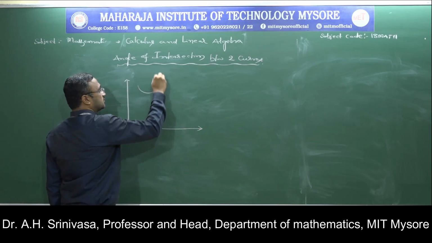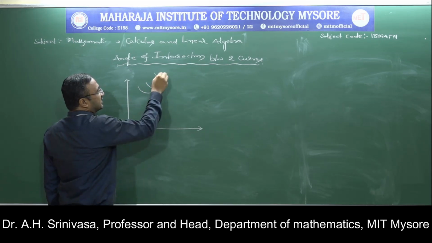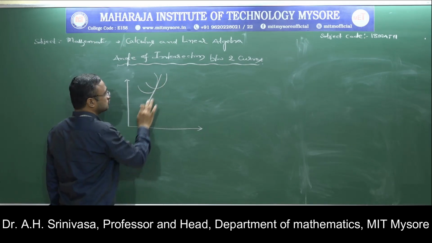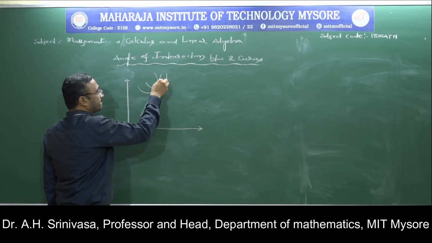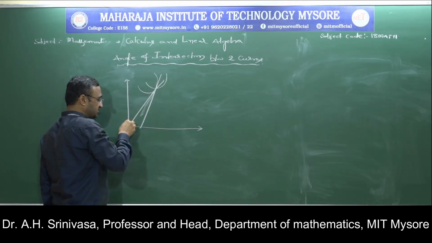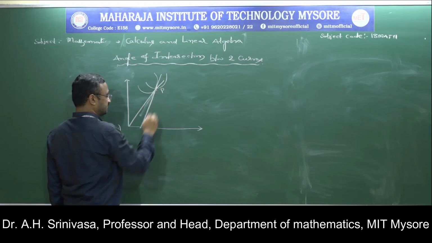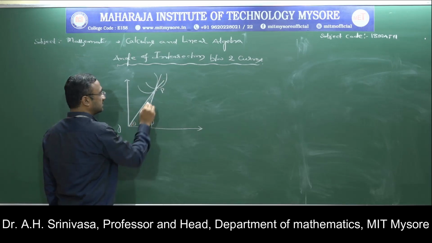So this is your one curve, and one more curve is there. Both curves have a common point, and the radius vector is there, O. This is P. As usual, this is psi, and this is theta.